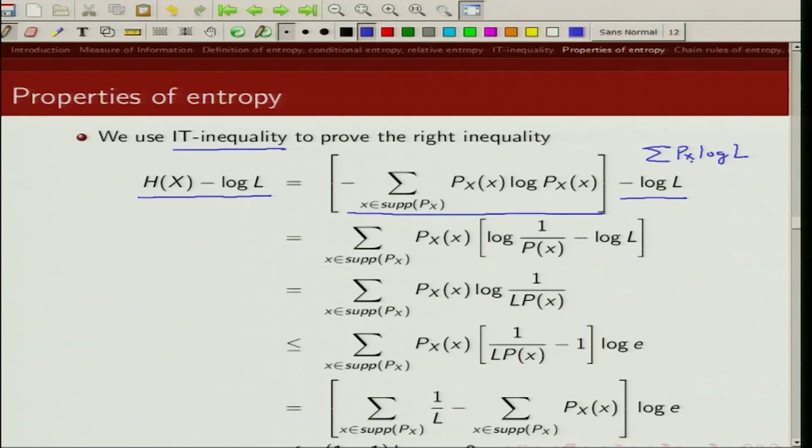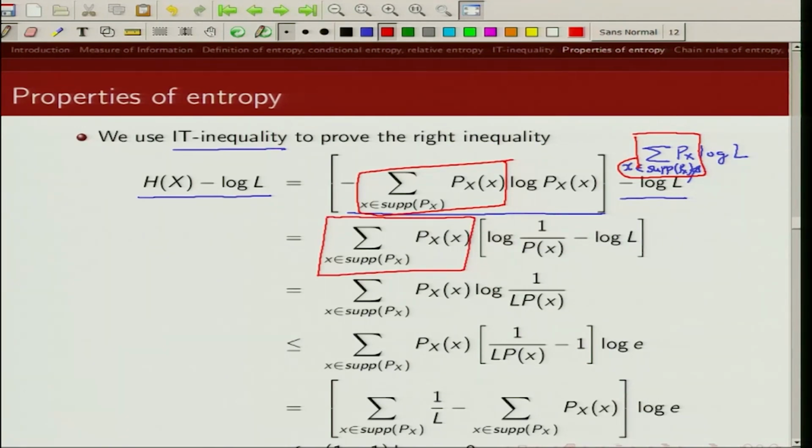So I can write this term like this. Note, x is defined over the support set of p(x). If I write log of L in this particular fashion, you can see this particular term and this particular term have p(x) in common. So I take this term out.